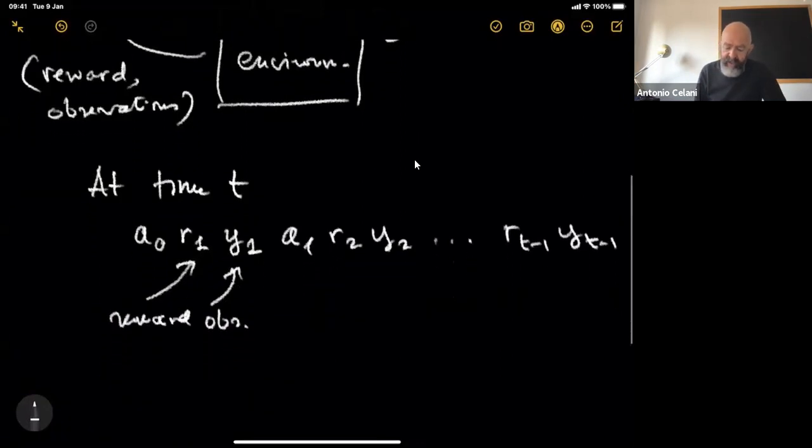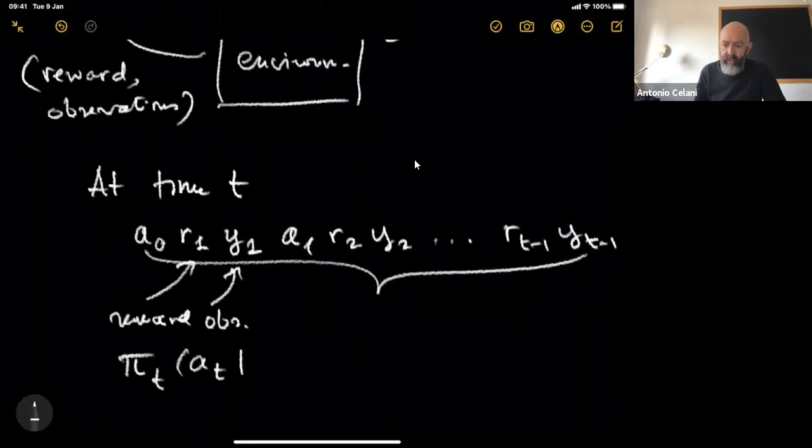So the question is how to choose, according to some time-dependent policy in general, the next action given all this string of observations, which we may call a history. We may call it h less than t, just a symbol to say everything that has happened before time t.